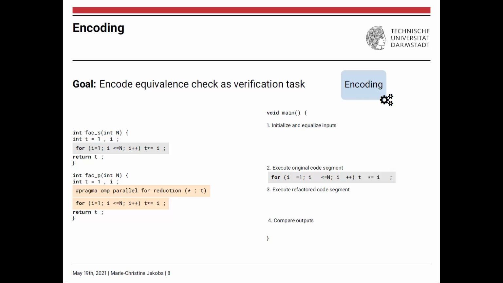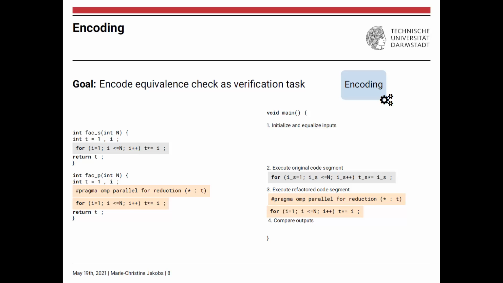So we start with adding the original code segment, followed by the refactored code segment, so the parallelization in this case. Next, we need to introduce the copies for the modified variables in the original code segment. And remember, for our examples, we identified that variables i and t are modified.